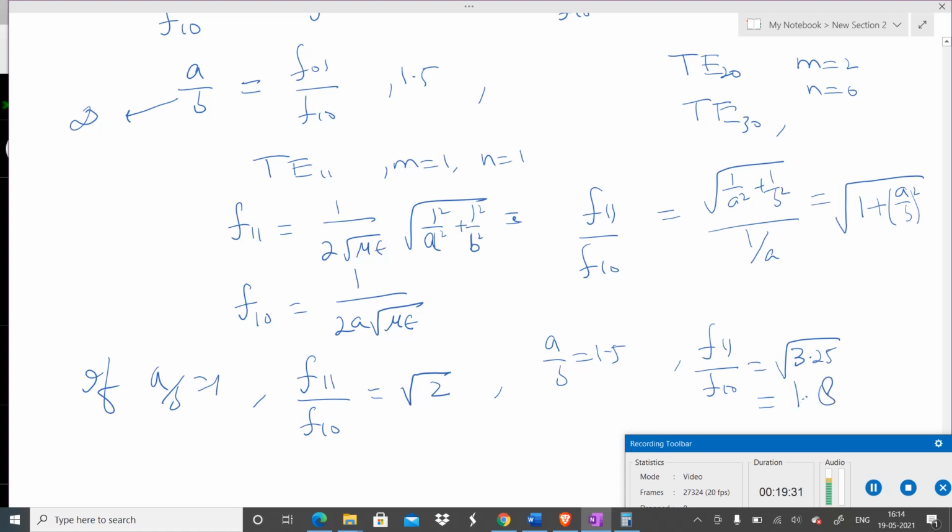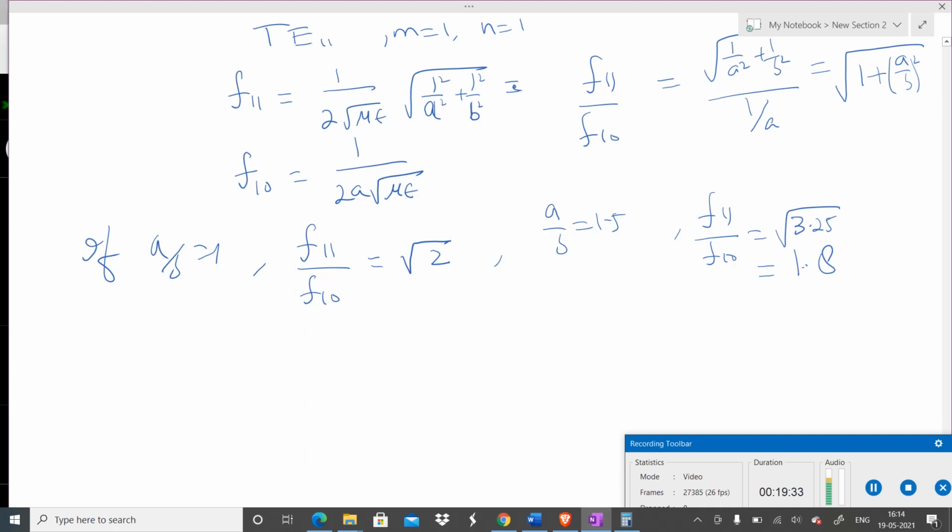Similarly, you can find the ratio of cutoff frequency for any TEMN mode divided by the cutoff frequency for the TE10 mode, which we will write in short as fMN divided by f10. This will play an important role, which we will explore further later on.